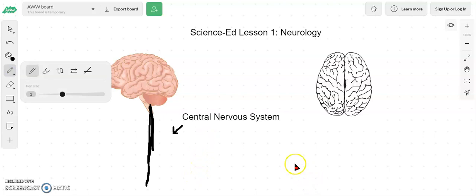And the peripheral nervous system is made up of cranial and spinal nerves. Cranial and spinal nerves.